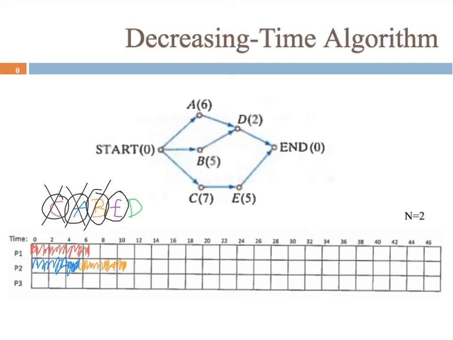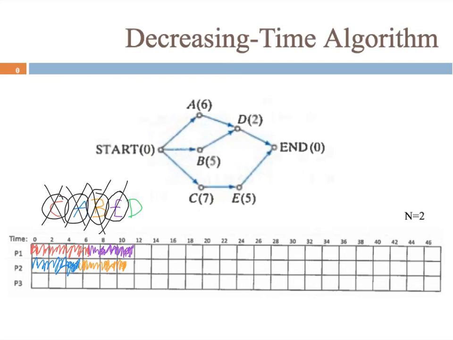And E takes 5 hours as well. So that's 7 hours plus 5, so it's going to go all the way up here to 12. Alright, as E is in execution, notice at hour 11, task B is complete.